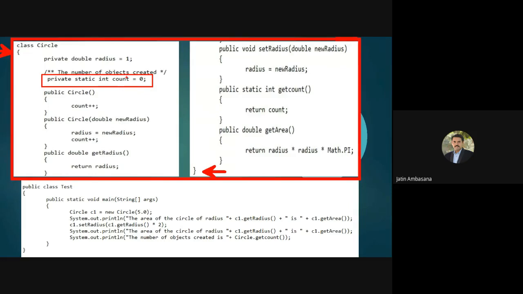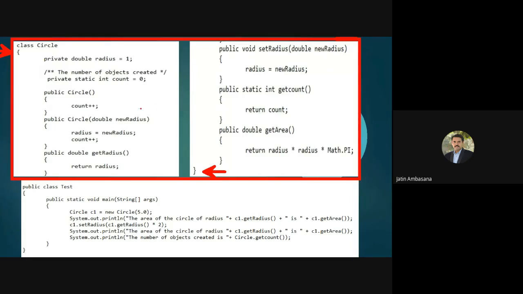So once the class is loaded into memory, and as soon as objects start getting created, it will start counting. If you create an object, it means you are calling a constructor to create the object, and it means you are incrementing this count. Understand? So this count will represent the number of objects being created.